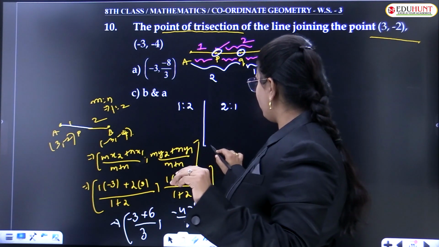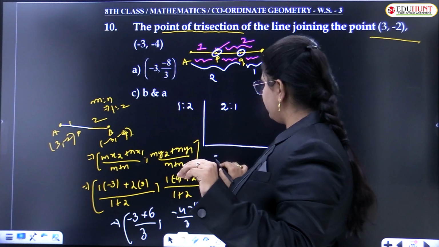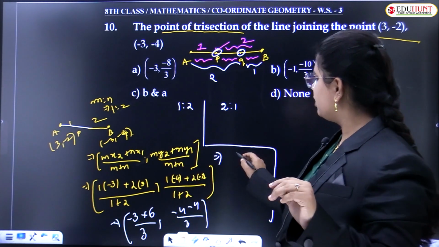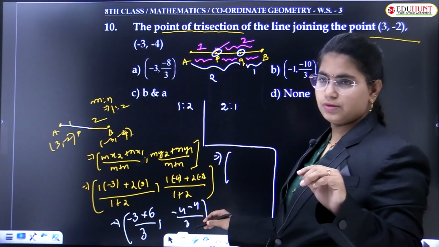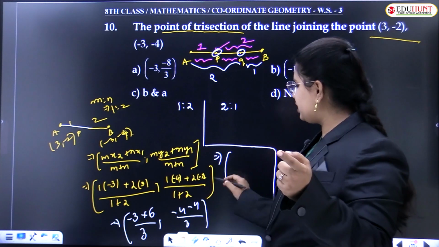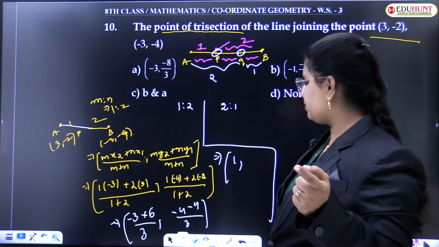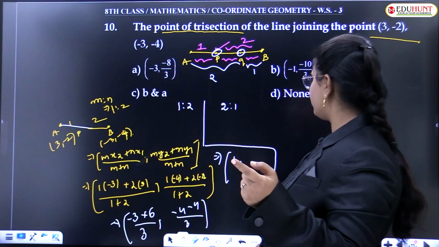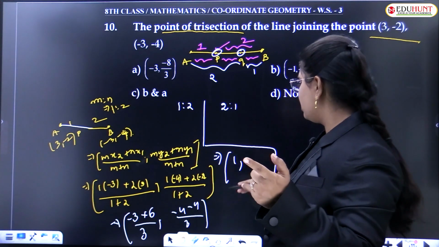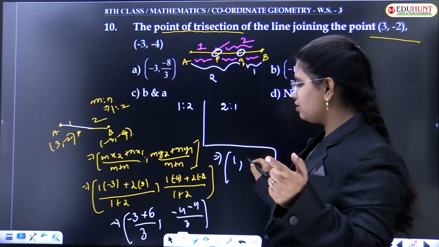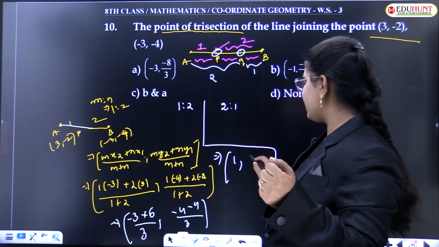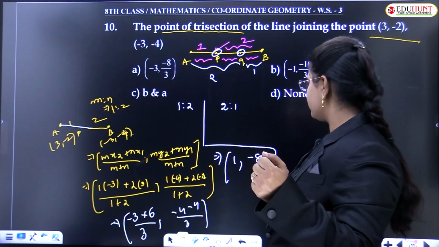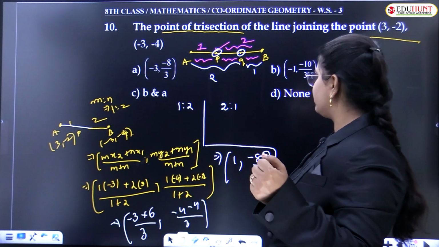So what will be the point? -3 plus 6, which is 3. 3 by 3 is 1. And -4 minus 4 is -8, so -8 by 3.